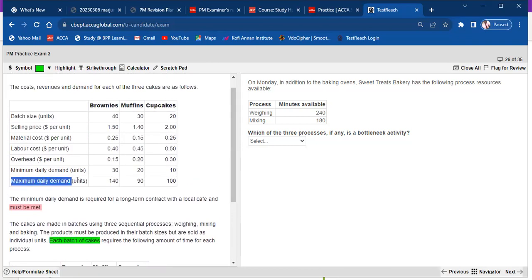Maximum production of brownies, 140. These 140 units are produced in batch sizes of 40. So friends, how many batches of brownies will be produced to meet maximum demand? How many 40 units are in 140 units?